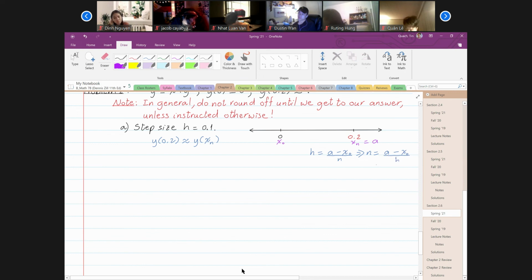If you plug everything in, 0.2 minus 0 is 0.2, and 0.2 divided by 0.1 is 2.